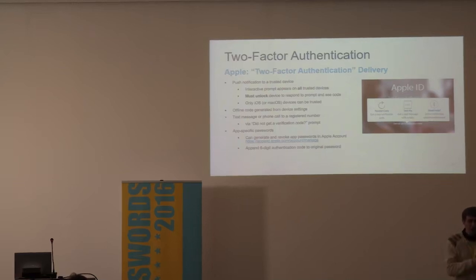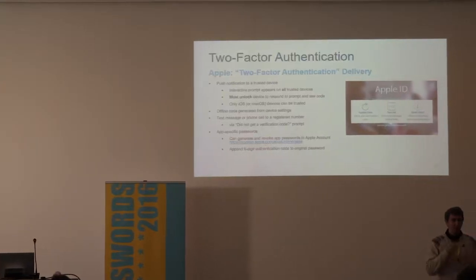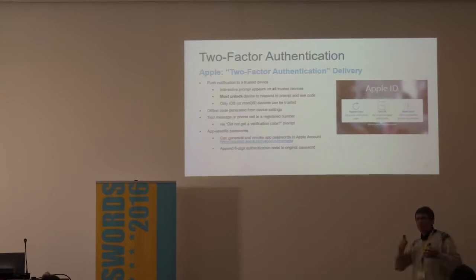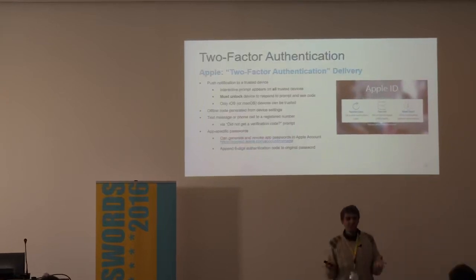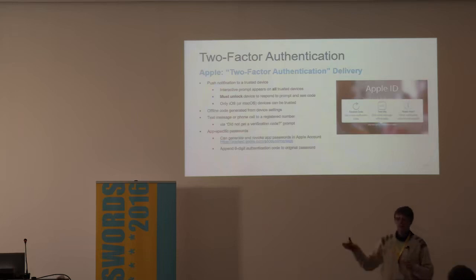If you do not approve the attempt, it will be canceled. So if you see an unusual pop-up asking you that someone is attempting to sign in, and it's not you, you can simply cancel it. It's an interactive prompt. Now, if you confirm the prompt, you are shown a 6-digit single-time password. You must enter that password into a prompt on the device that you're trying to sign in from.